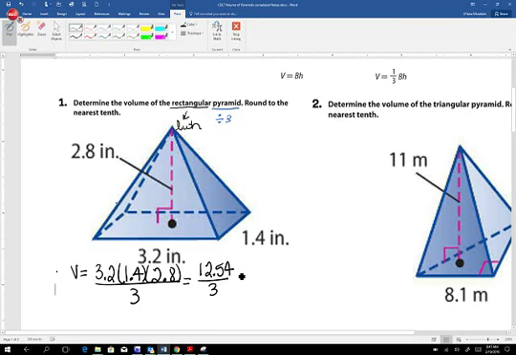We divide by 3 because it is a pyramid. Therefore, the volume of the rectangular pyramid is 4 and 18/100 inches cubed.